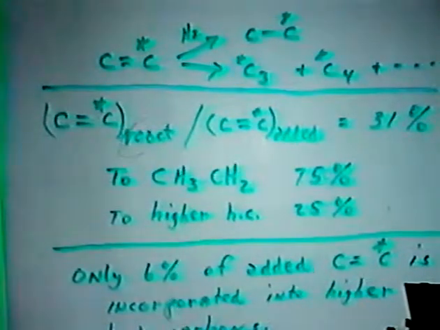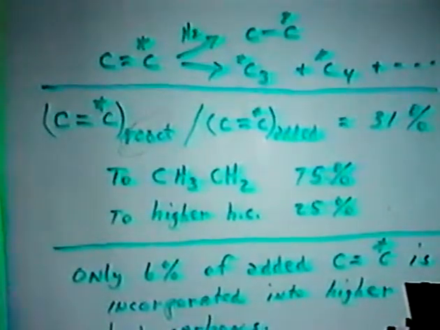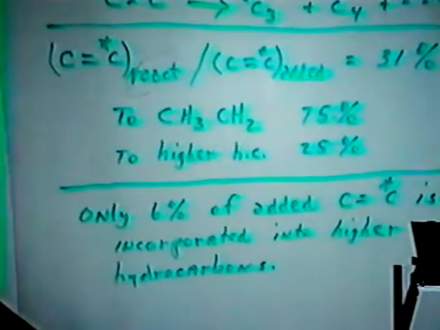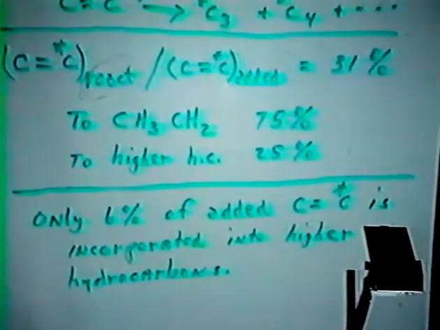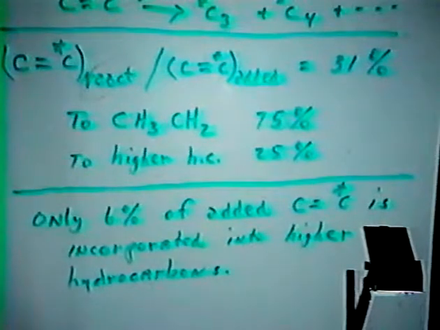The maximum amount that was incorporated was 25%. Of this 25%, a large fraction was in the C3. The amount of C4 impurity prevented us from accurately measuring that, but certainly we can say that the dominant amount of ethylene under these conditions would appear to carbonylate and form C3.